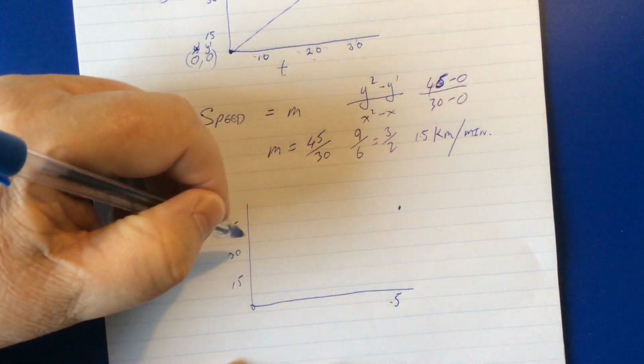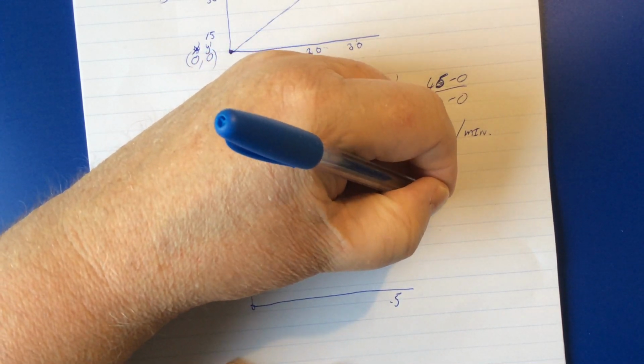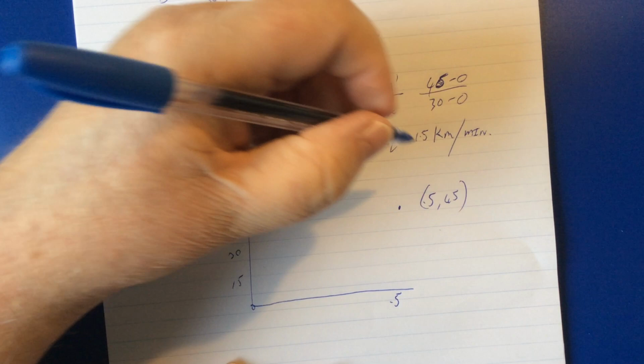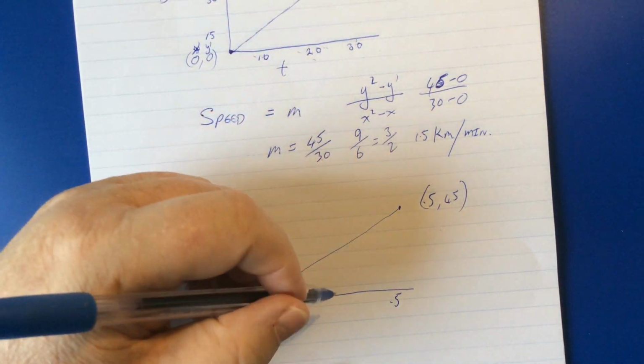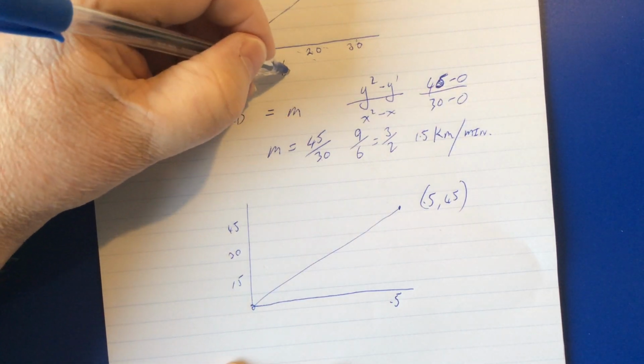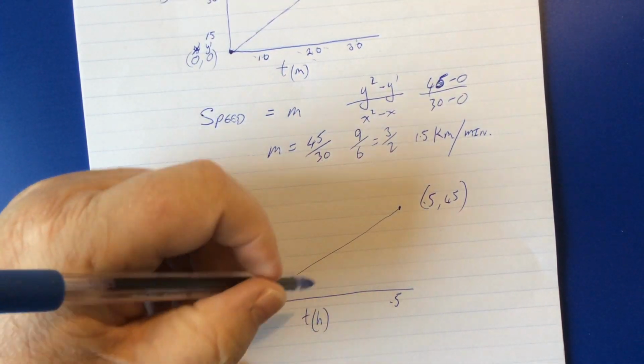So our point up here is now 0.5, 45, and our line remains the same. And this is time in minutes, this is time in hours.